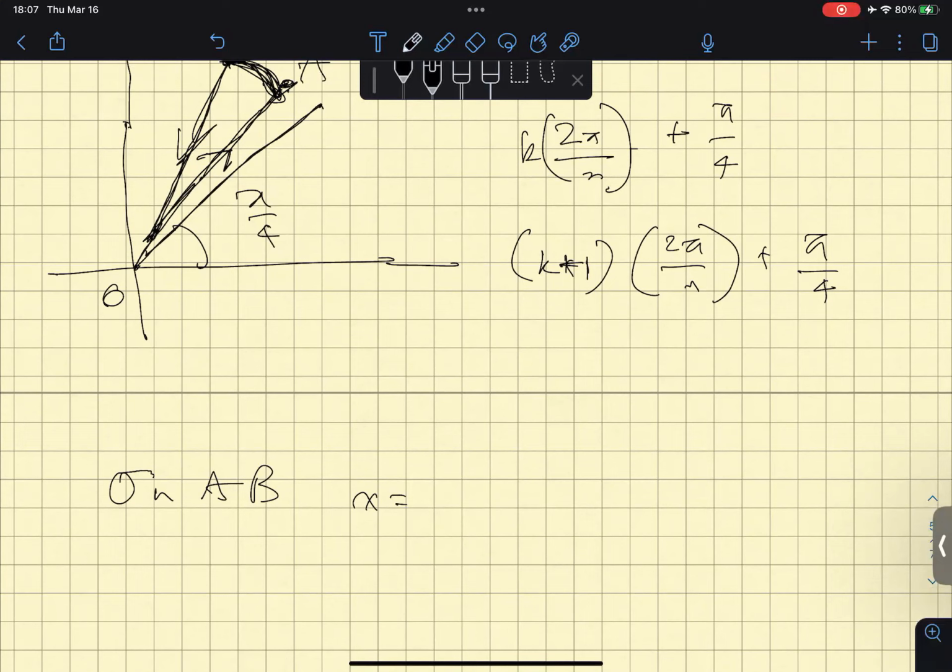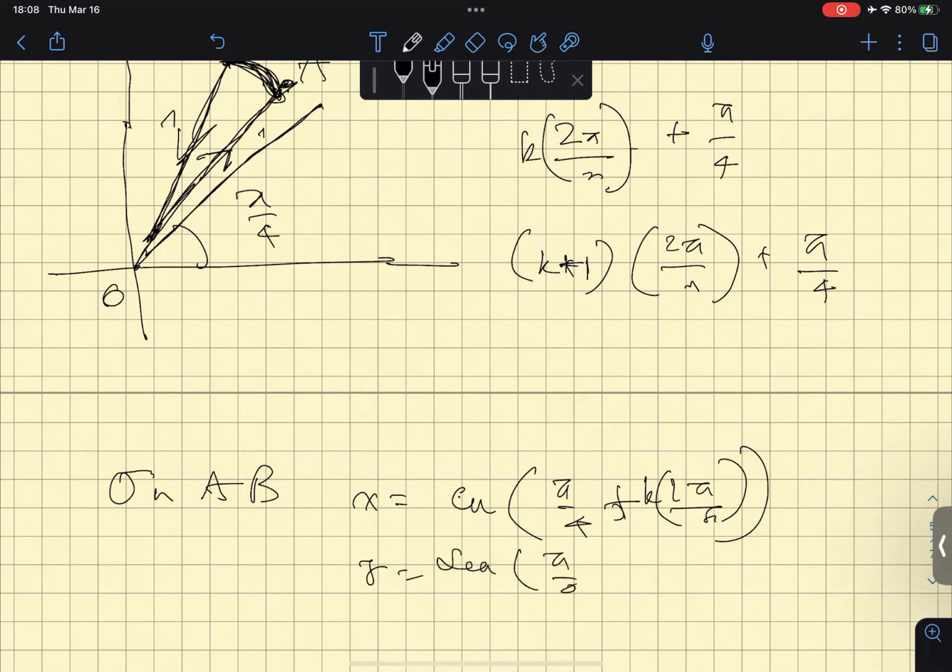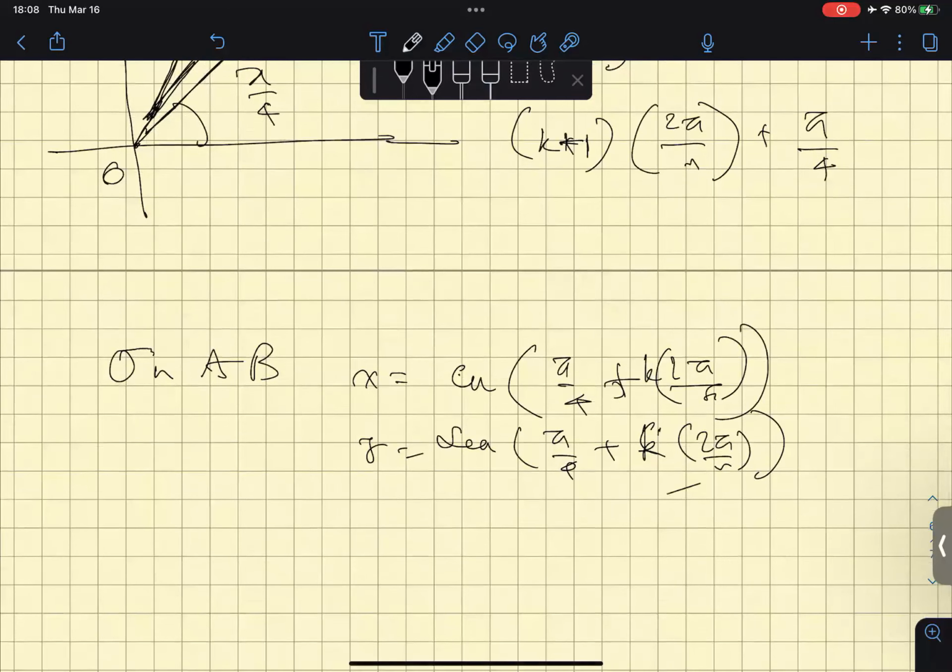So x is equal to cosine of pi over 4 plus k times 2 pi over n, and y is equal to sine of pi over 4 plus k times 2 pi over n. That's the first point. So this is the value of theta, and plus 2 pi over n is the other value of theta. Okay? So you have to go up, then turn, then go down.